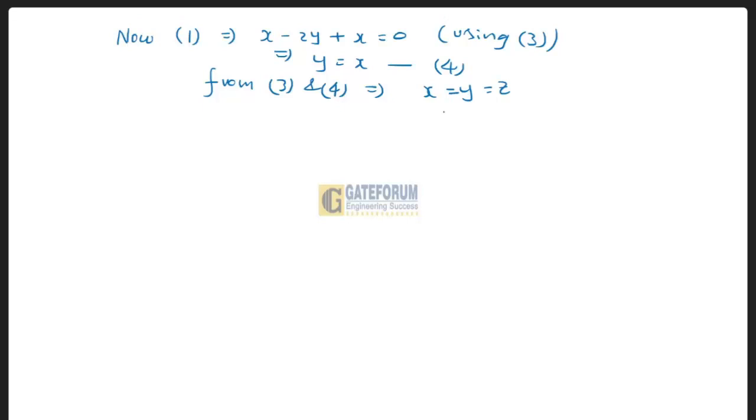For example 1, 1, 1; 2, 2, 2; 0, 0, 0. The trivial solution also is there, all 0 satisfies. 0.1, 0.1, 0.1; 0.5, 0.5, 0.5. So there are infinitely many solutions. Let us take alpha as the common value of all three unknown variables, where alpha is a real number.